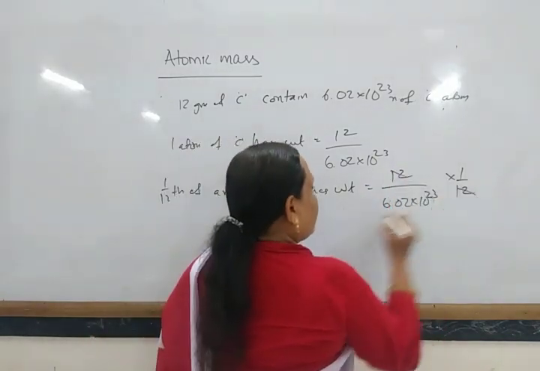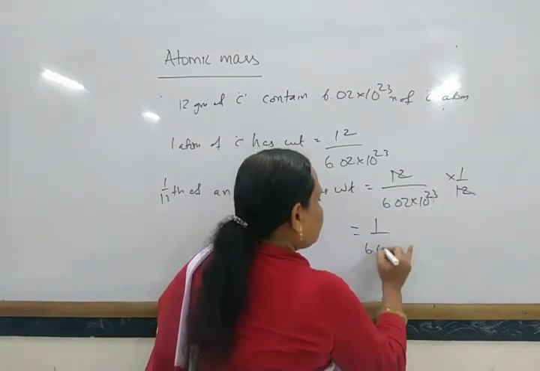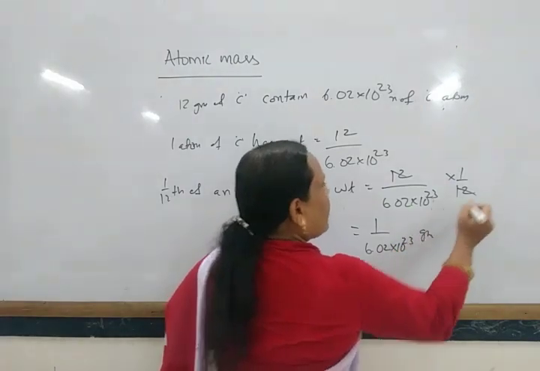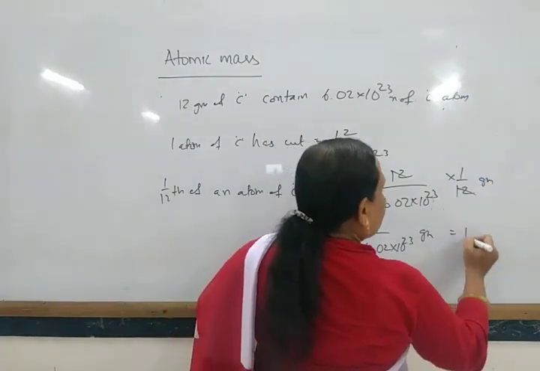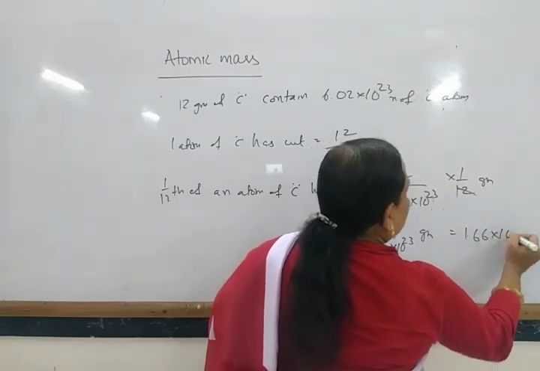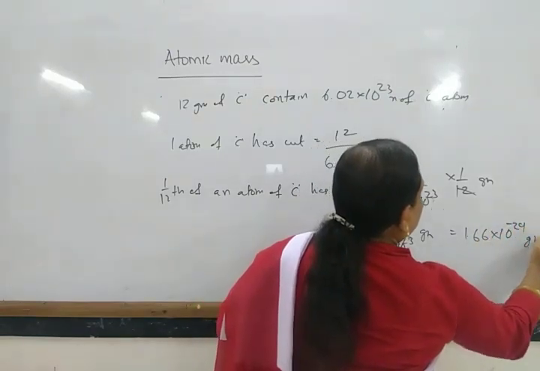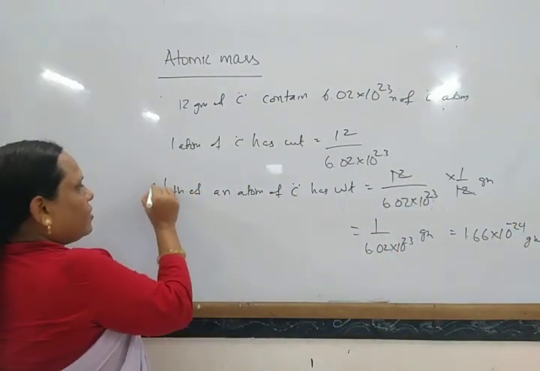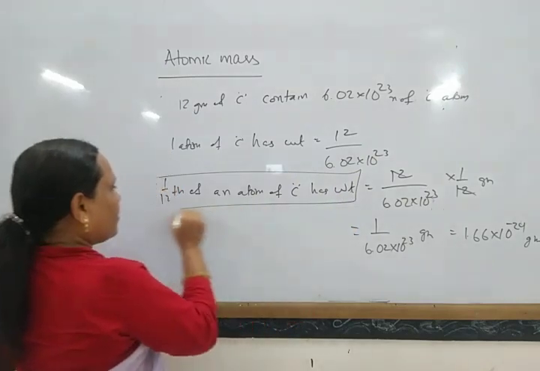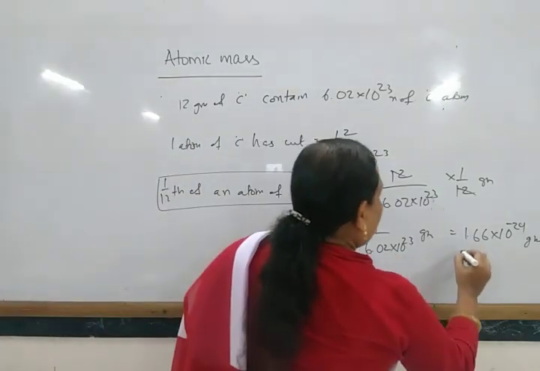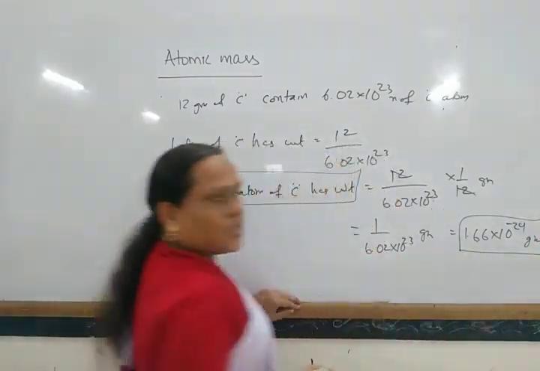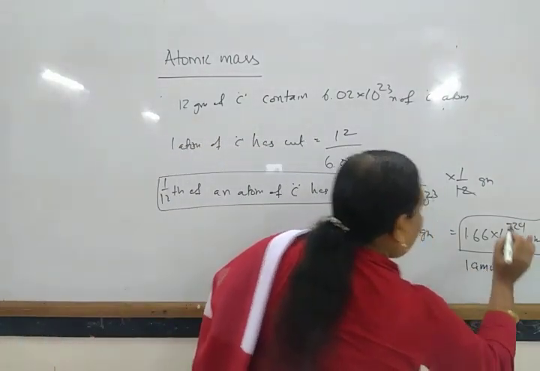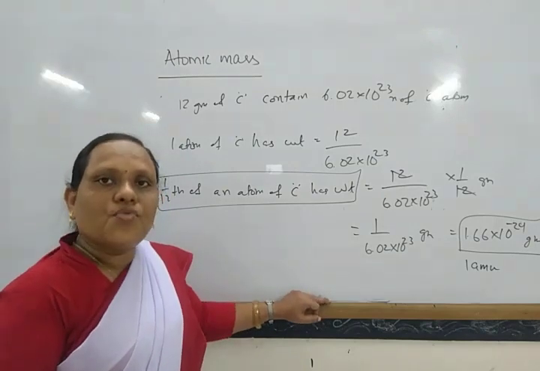So 12 cancels, 1 by 6.02 into 10^23 gram. So this value is equal to 1.66 × 10^-24 gram. So the weight of 1/12 of one atom of carbon is taken as 1.66 × 10^-24 gram. That is equal to 1 AMU.